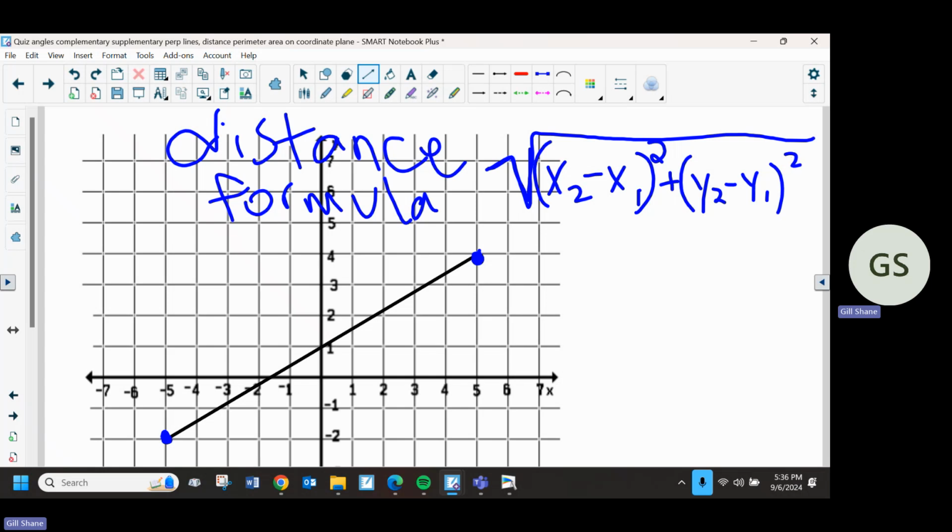And that symbol all around means that at the end of everything, the last thing you do is take the square root of whatever number you get from all of this in here. Once you do all of that math, you'll get one number and you take the square root of that.